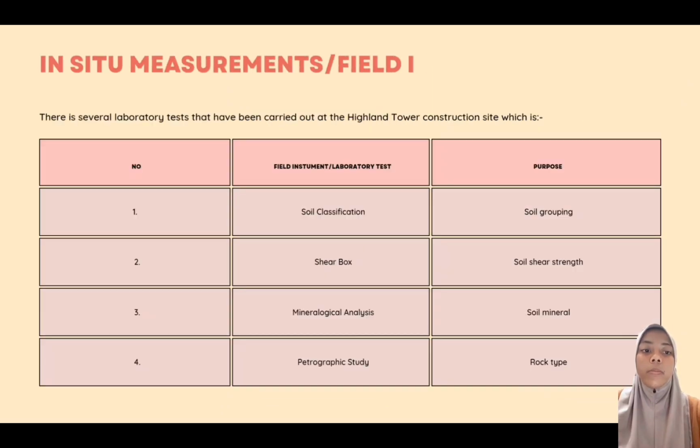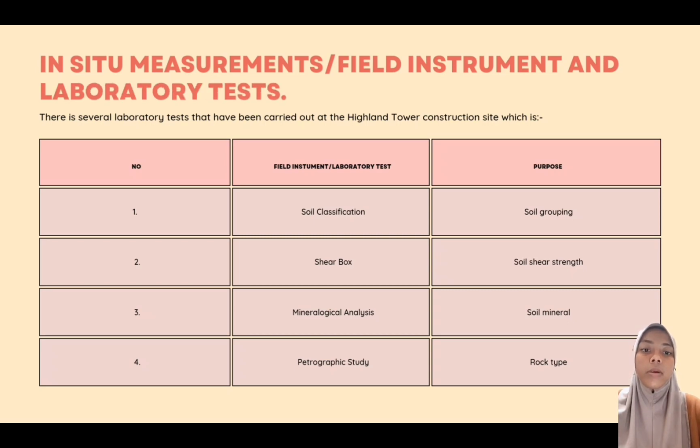In situ measurements of field instrument and laboratory tests. There are several laboratory tests that have been carried out at the Highland Tower construction site, which are: number 1, the field instrument or laboratory test is soil classification. The purpose is soil grouping.